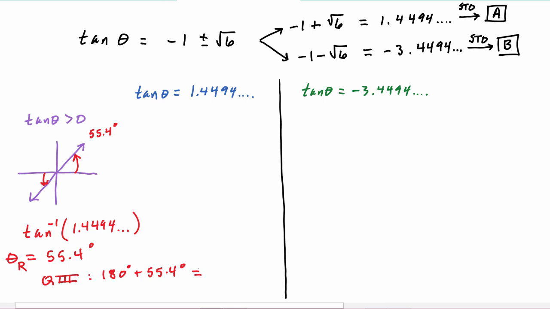We put that in our calculators, and we see that we're going to get 235.4 degrees. So from this part of the equation, we are going to get that theta is equal to 55.4 degrees or 235.4 degrees.